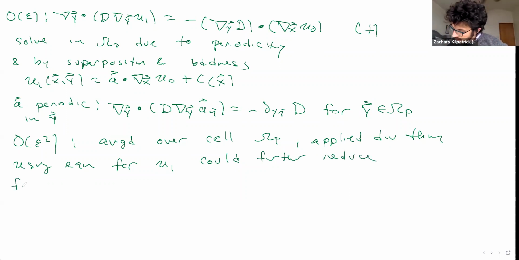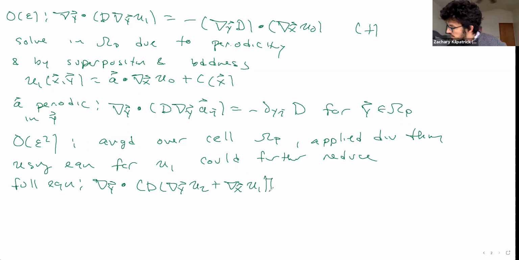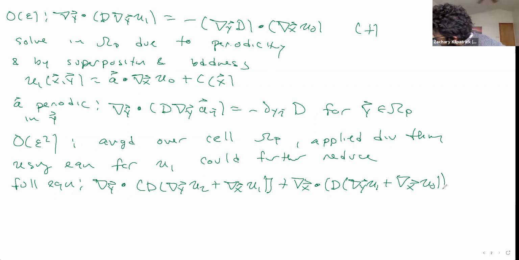So the full equation, which I wrote down last time, is divergence over y D gradient y u2 plus gradient x u1 plus divergence over x D gradient y u1 plus gradient over x u0, and make sure I have enough parentheses, and then we have this inhomogeneity f of x.